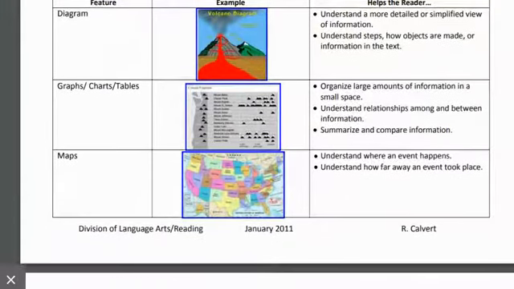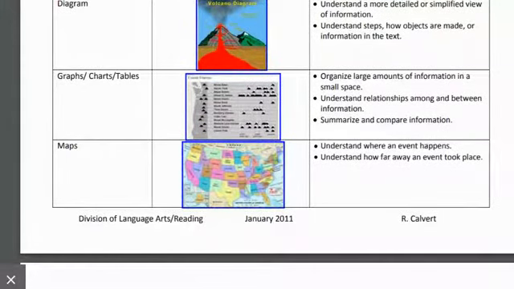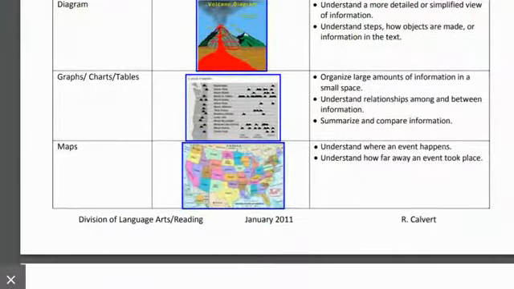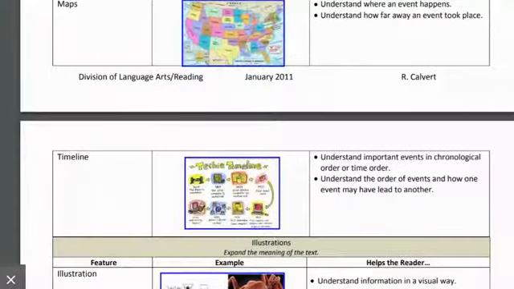Graphs, charts, and tables organize a large amount of information in a small space. They also help the reader understand the relationship among the information and between information, and summarize and compare information for the reader. Maps help the readers understand where an event is happening or the distance between events.